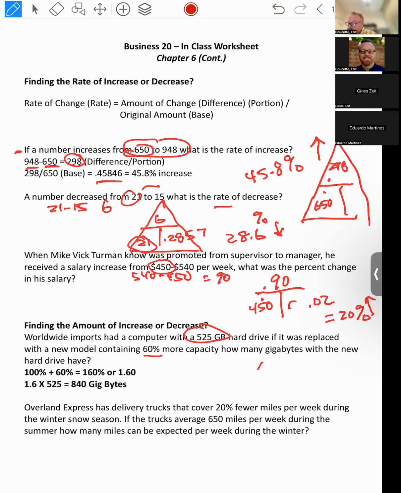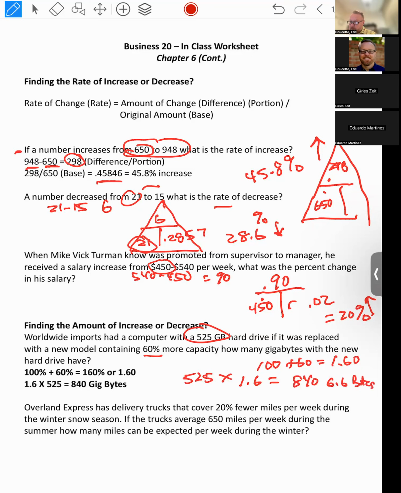So in this case, we had 100% plus we got another 60% as I wrote here. So we have 160% or 1.6. And so in this case, we would simply multiply the amount we had before by the new rate, 1.6, and that comes out to 840 gigabytes.